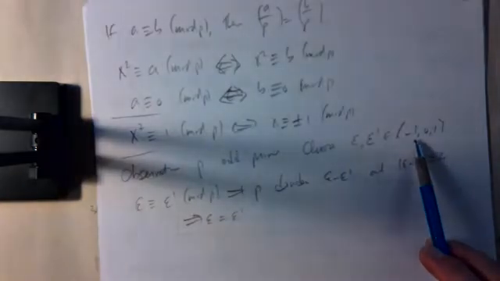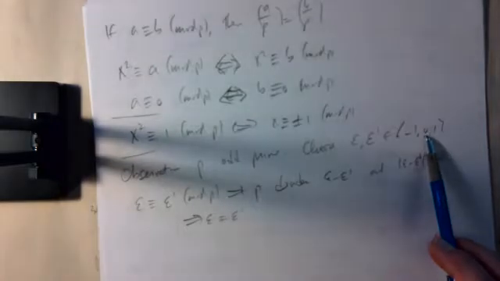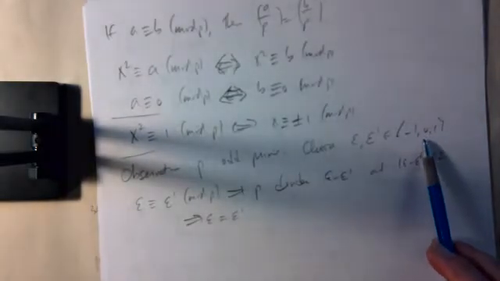So this is just a little bit of baby arithmetic. The difference between 2 numbers in -1, 0, and 1 is either 0, plus or minus 1, plus or minus 2. The only one of those integers divisible by an odd prime p is 0. So we have this statement.